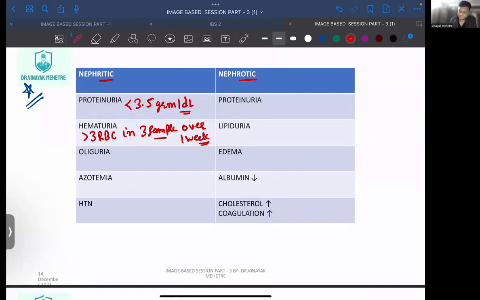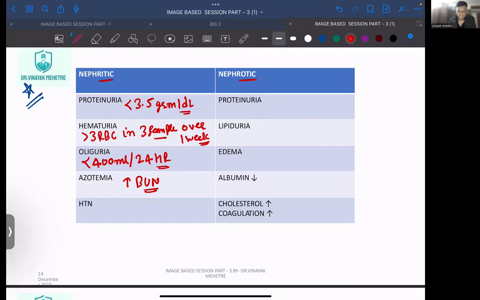Yes, less than 400 ml per 24 hour. That is called as oliguria. What is the meaning of azotemia? Increase in blood urea nitrogen, right?